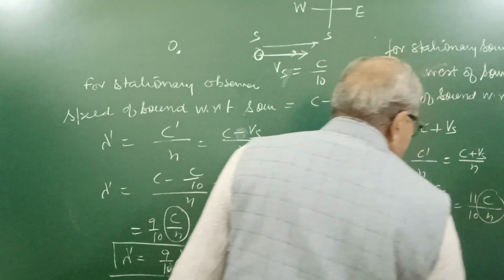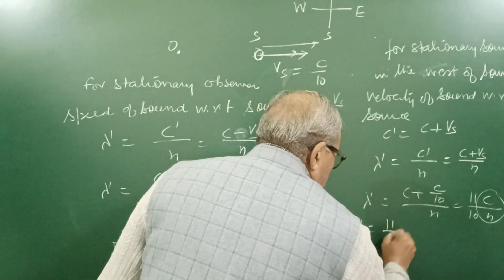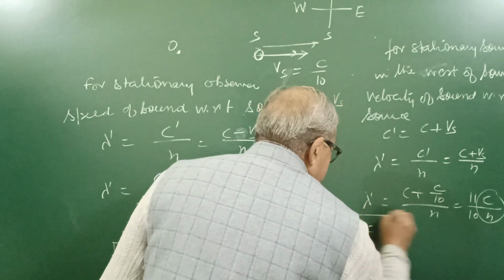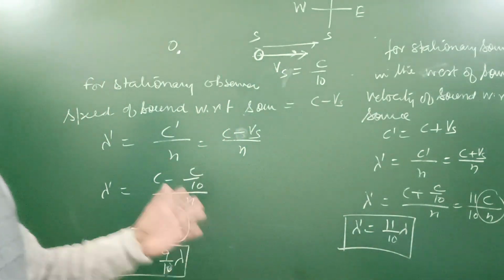It is lambda. So lambda dash will be 11 by 10 lambda. So that way the wavelength will be higher.